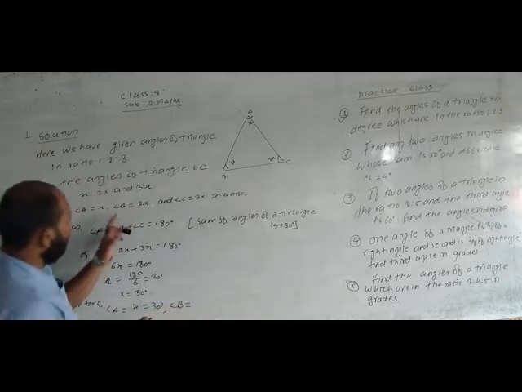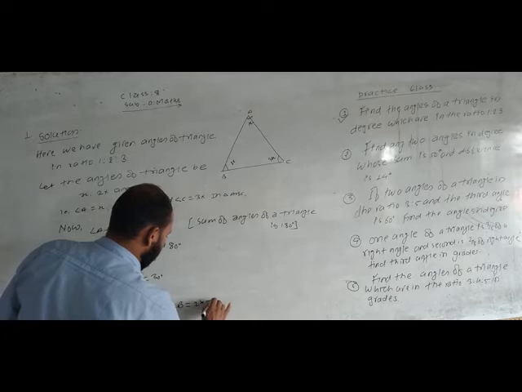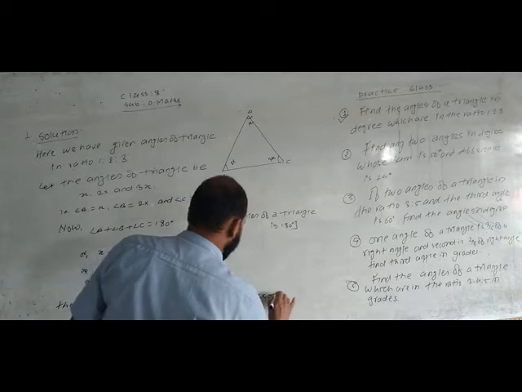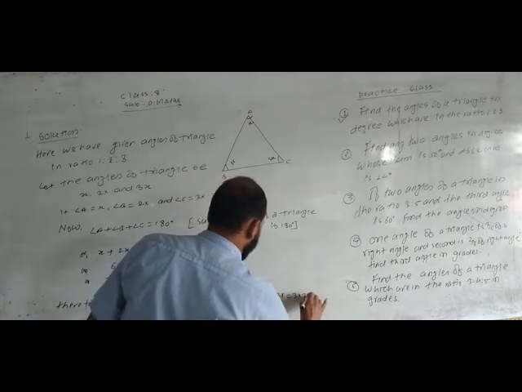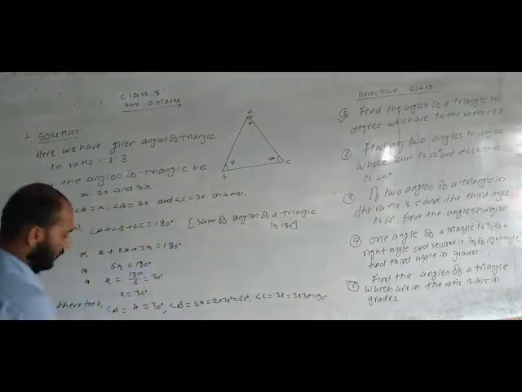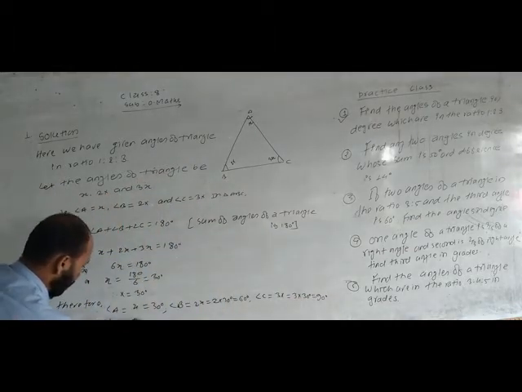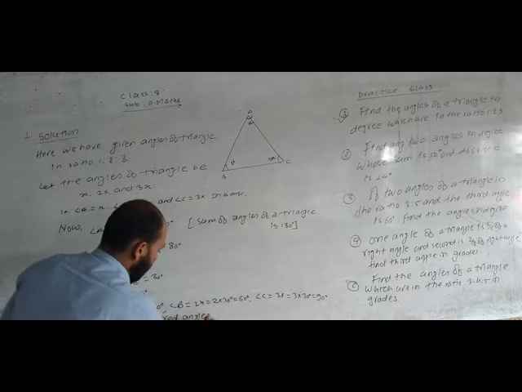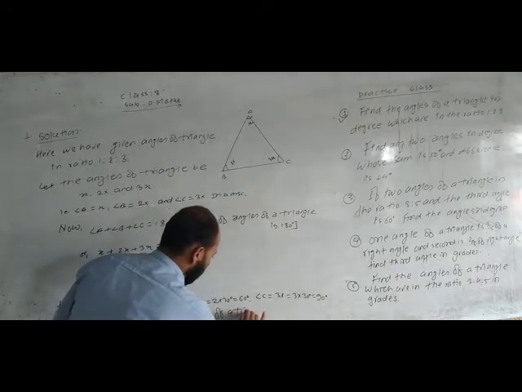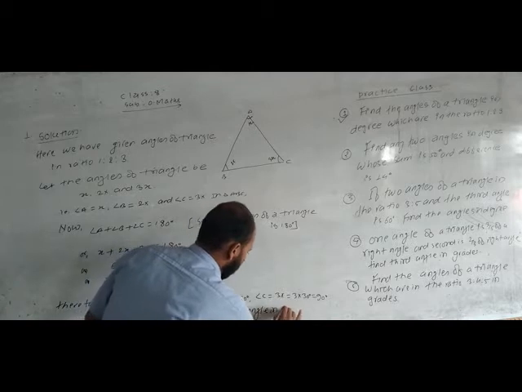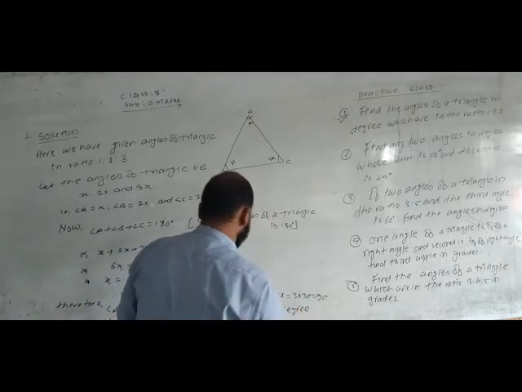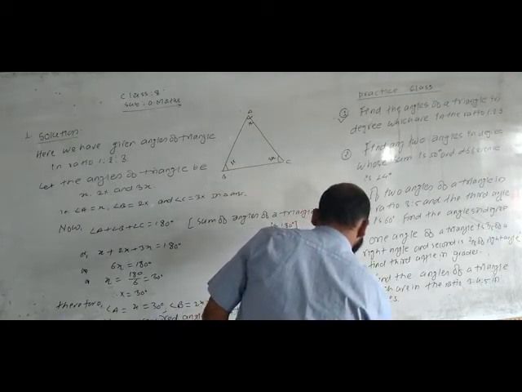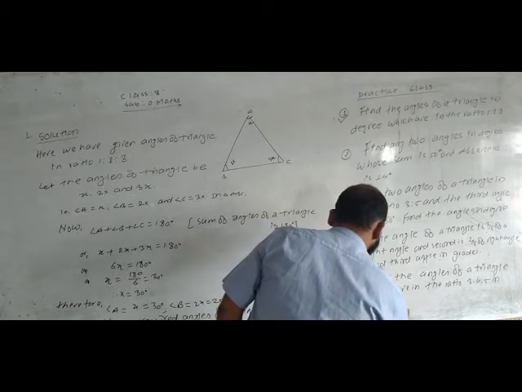Angle B is equal to 2x, 2 into 30 degrees is equal to 60 degrees, and angle C represents 3x, 3 into 30 degrees is equal to 90 degrees. Hence, the required angles of the triangle in degrees are 30 degrees, 60 degrees and 90 degrees.